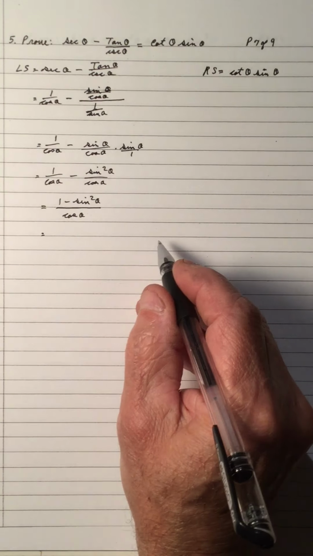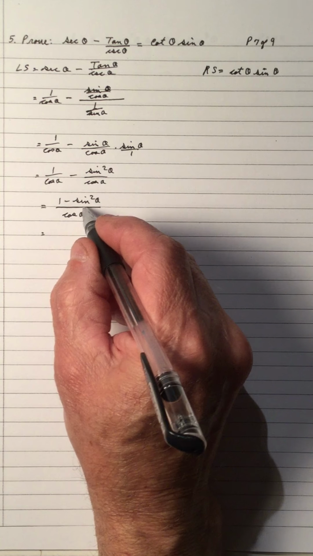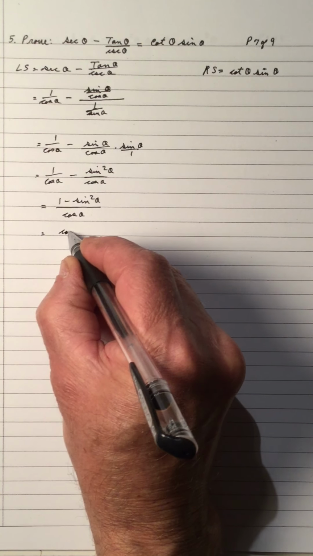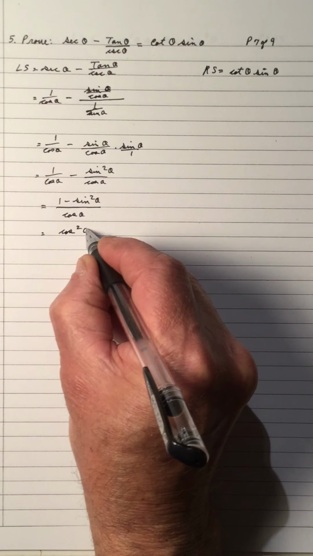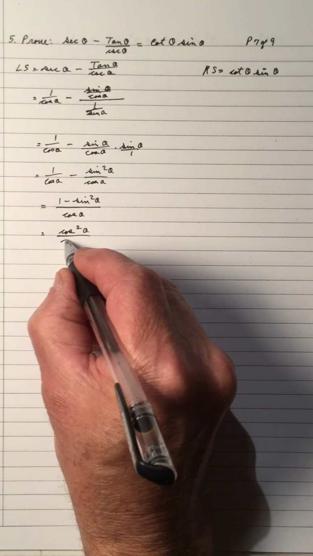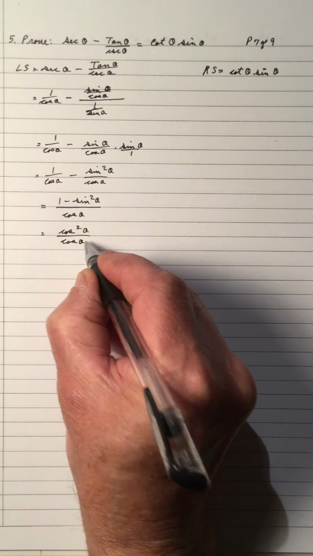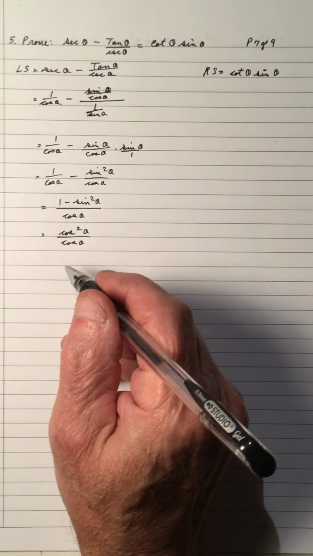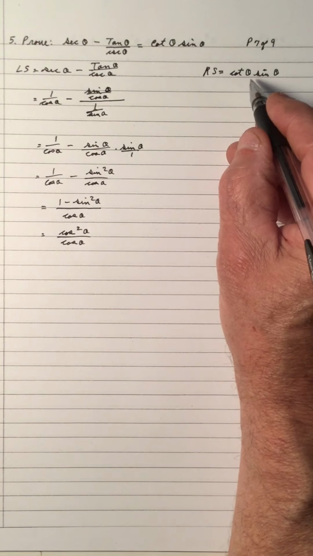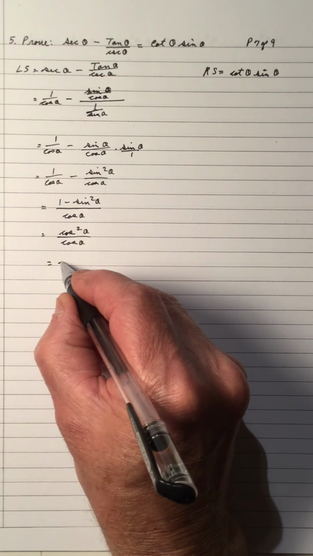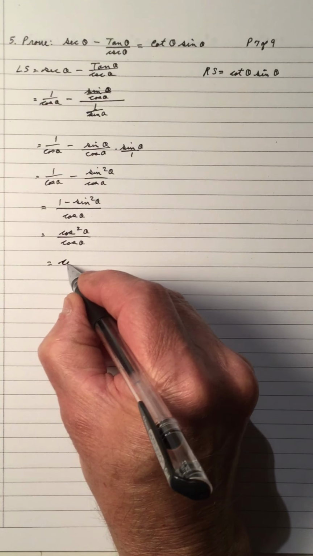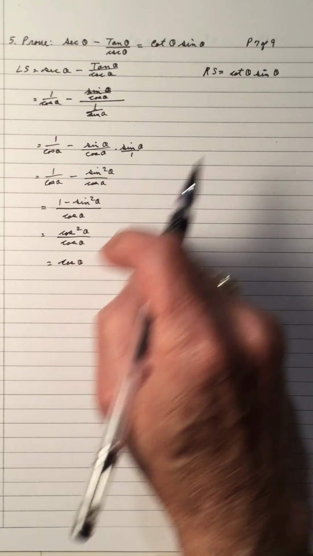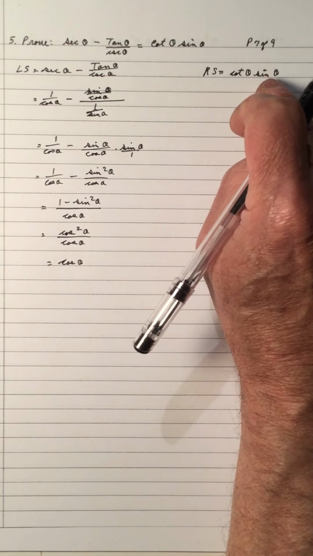And 1 minus sine squared is cos squared over cos. Notice I can cancel those out to make that a cos. Notice I didn't get this.